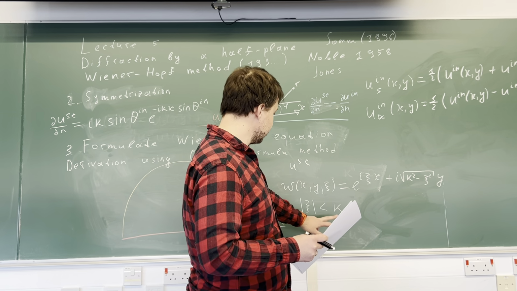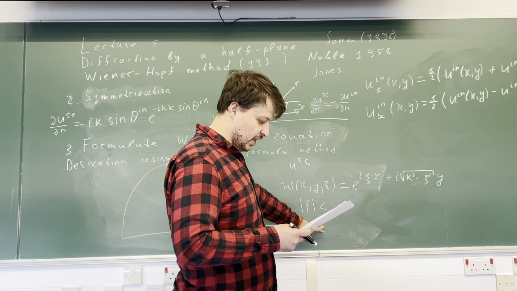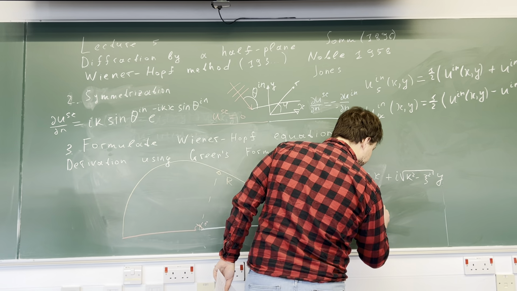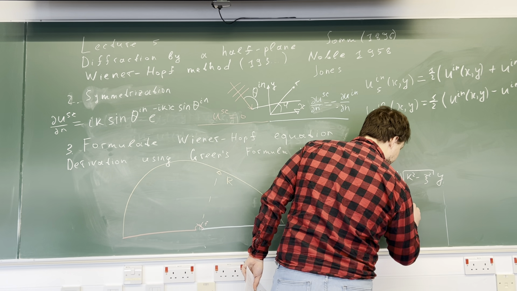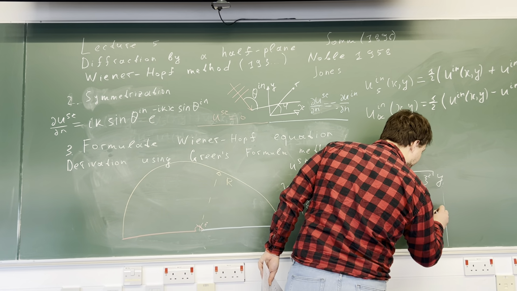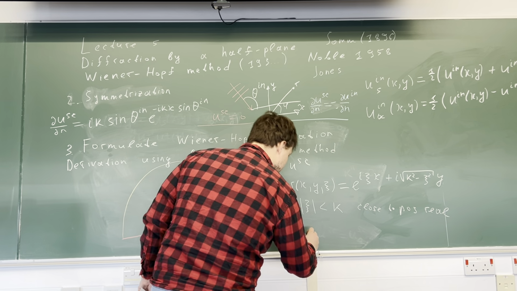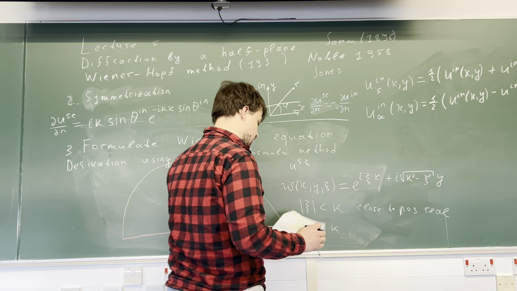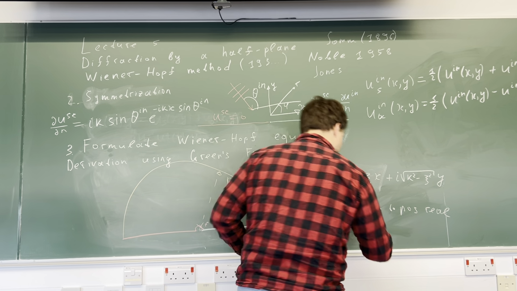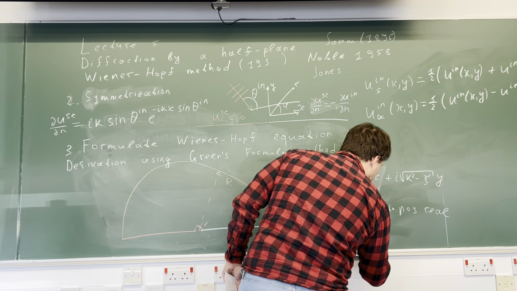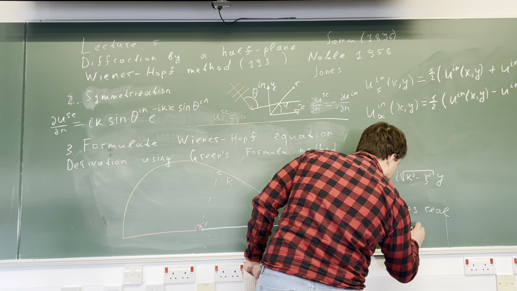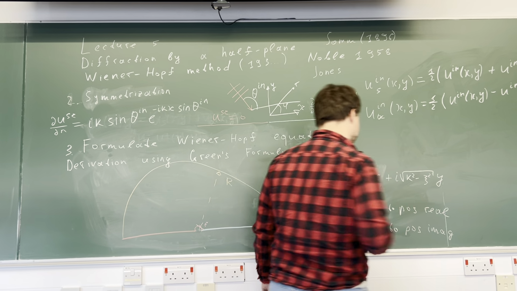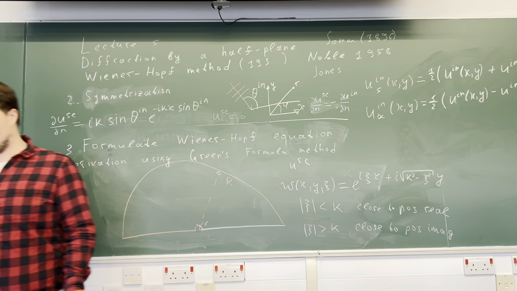So when psi is less than k, it should be close to positive real. And when psi is bigger than k, it should be close to positive imaginary. So this is my choice, so I made it precise.